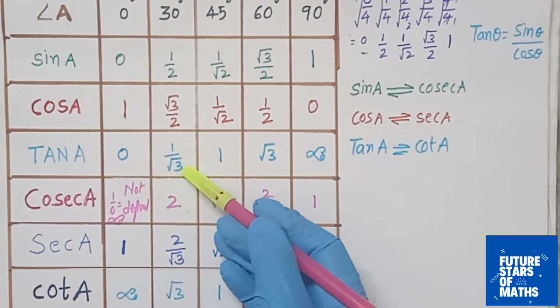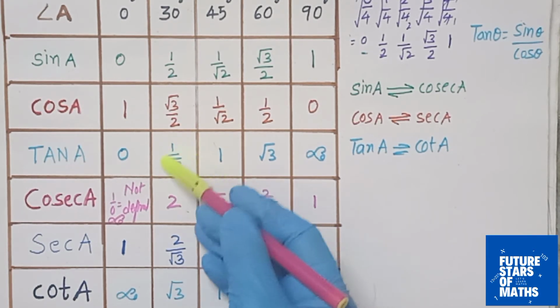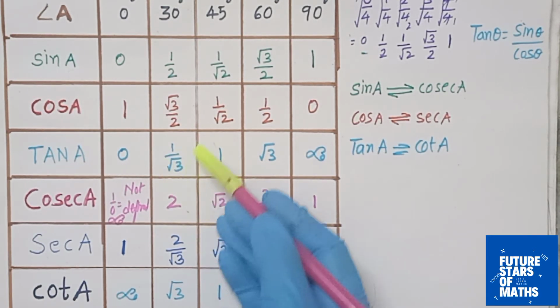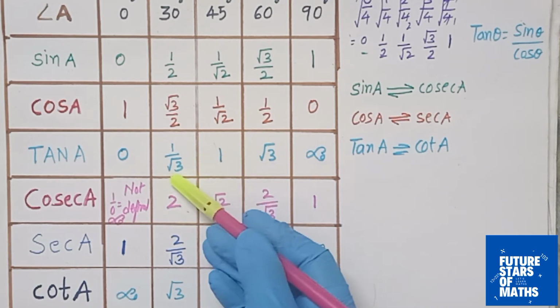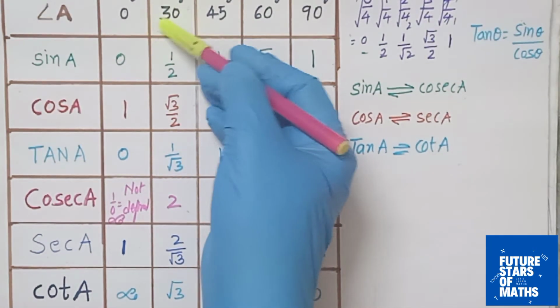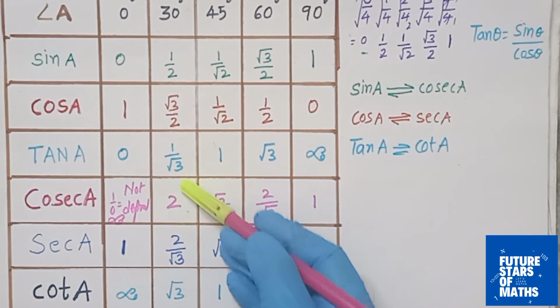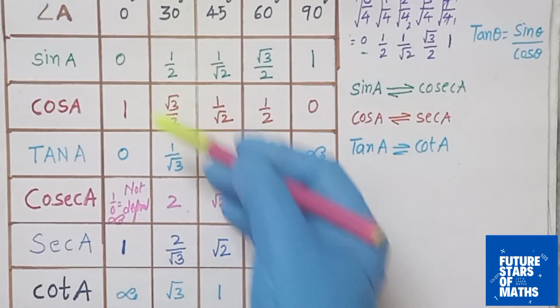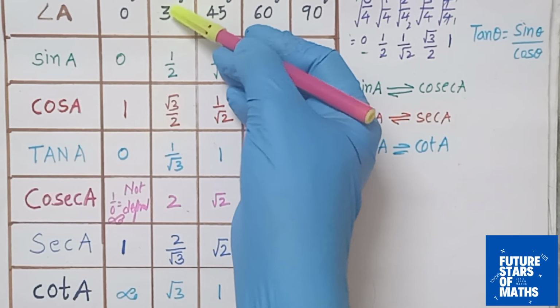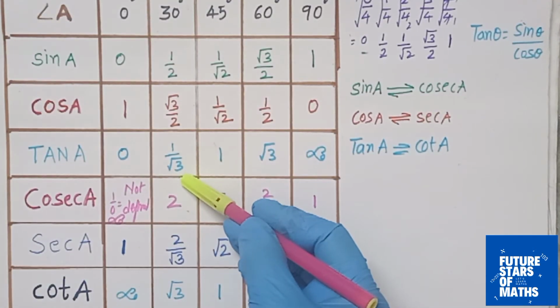Because the calculations for doing this will be very difficult, we have to rationalize and then we will get the values. So for 30 degrees, we are getting root 3 in the denominator. In this way also you can remember: since it is an odd number, root 3 is in the denominator.